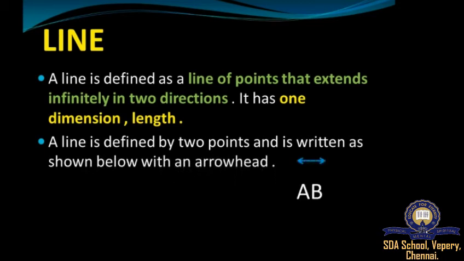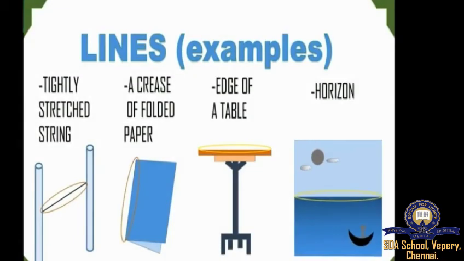Above AB an arrowhead is drawn. The examples of lines are a tightly stretched string, a crease of folded paper, an edge of a table and the horizon.